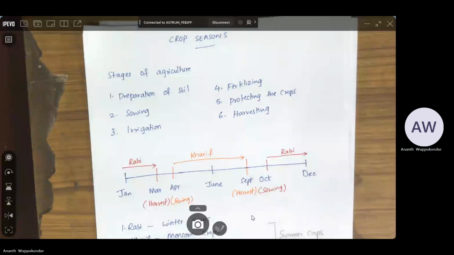So generally, what are the stages of agriculture? How do you start agriculture?